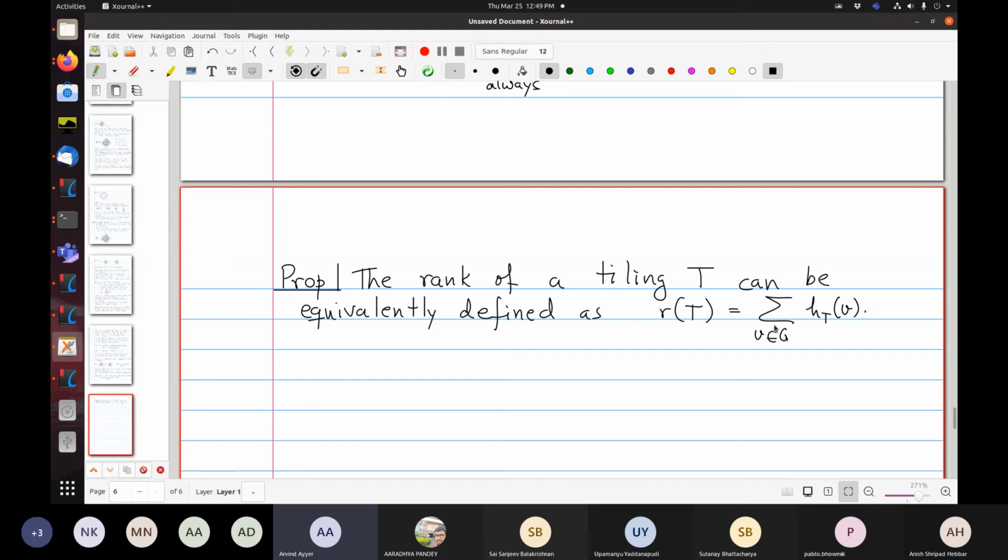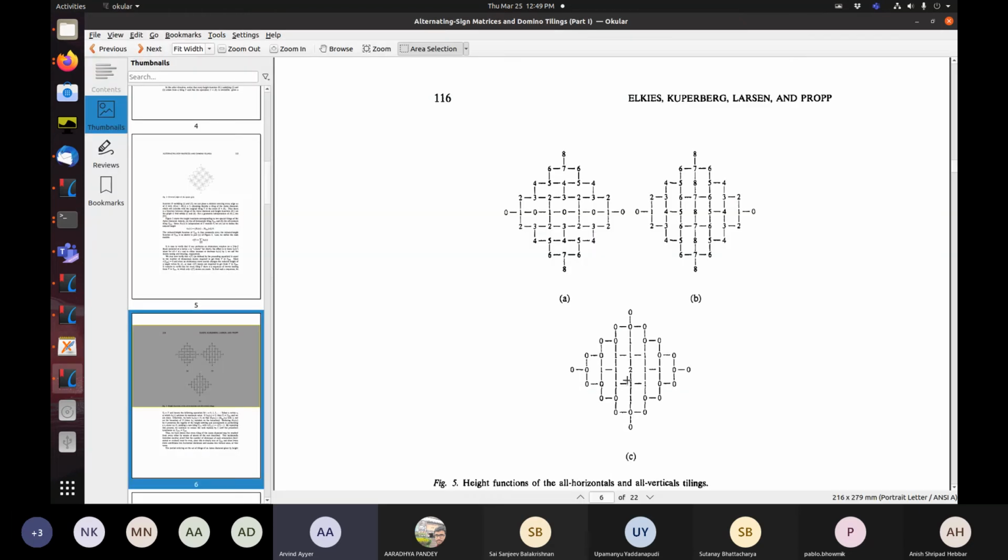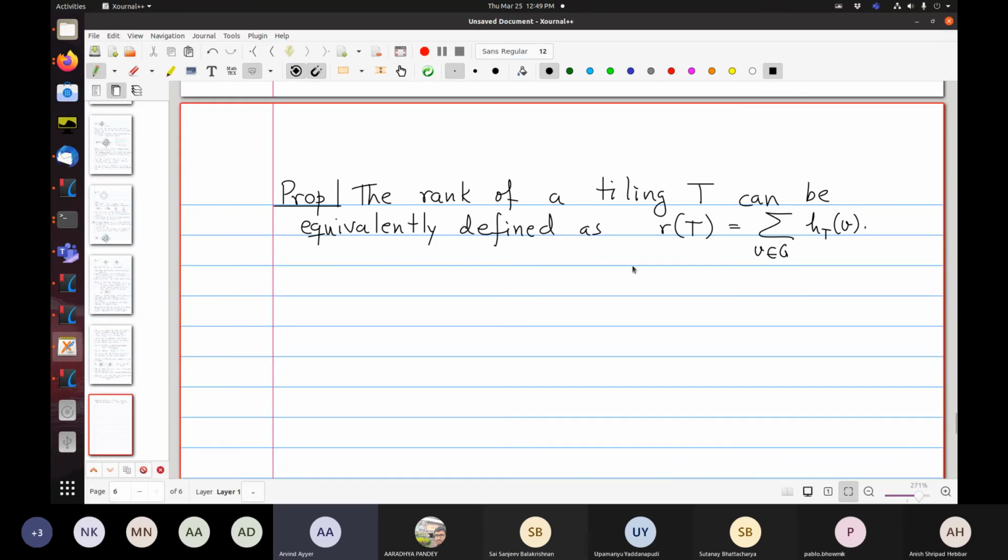So if you sum the reduced height function over all vertices, you get the rank. Okay, so this is what we're going to prove, and just to compare, for the all vertical tiling, the rank is going to be the sum of these numbers for this all vertical tiling, and for the all horizontal tiling, it's 0 by construction.